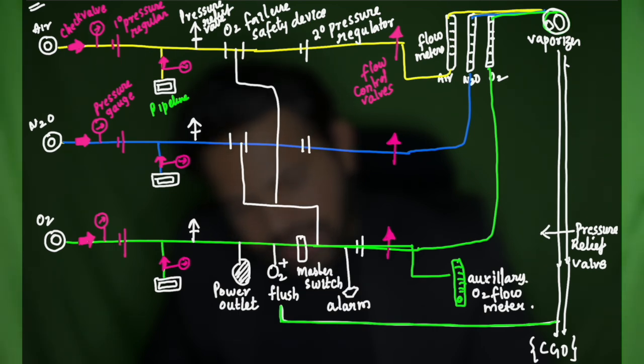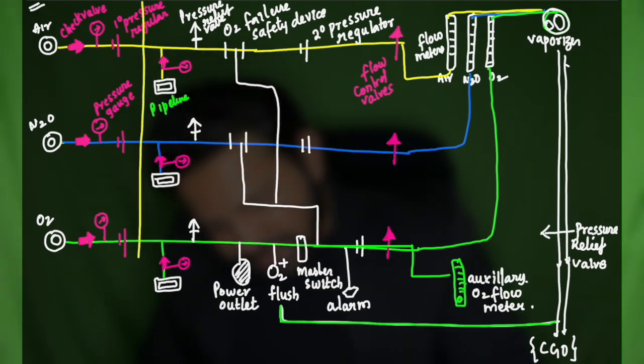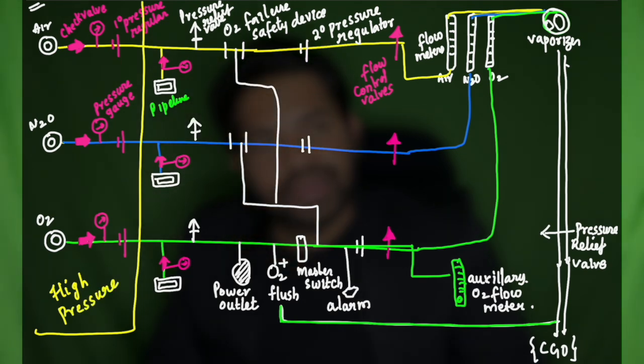Now to clearly demarcate between these, if I draw a line before the pipeline, then this is nothing but your high pressure system. Clear?